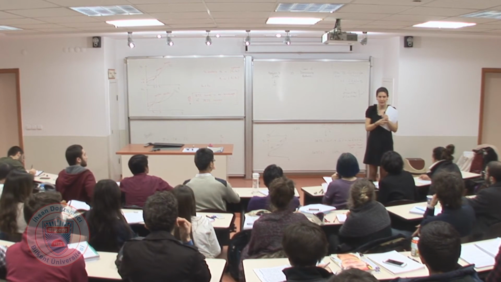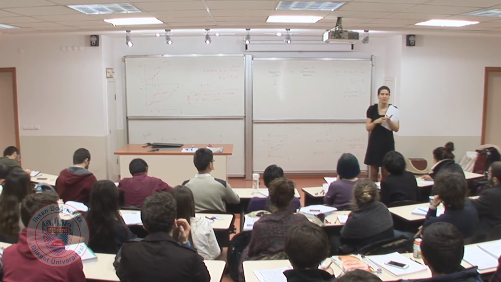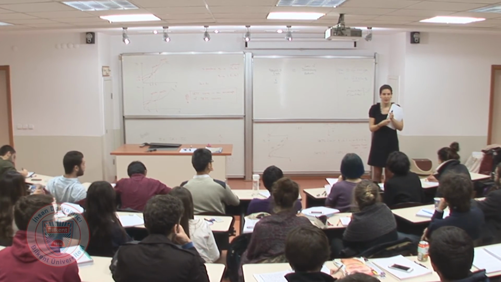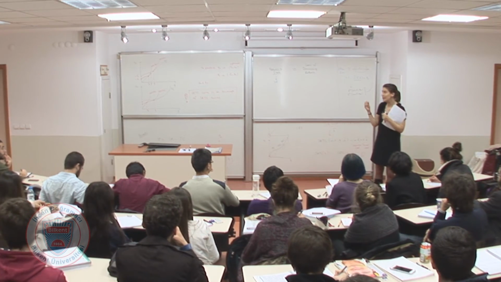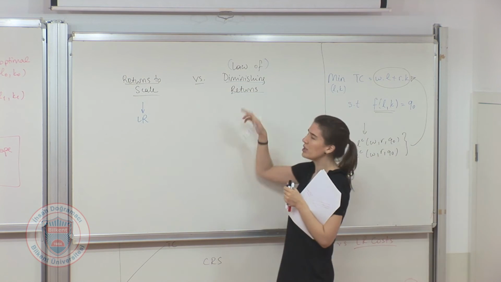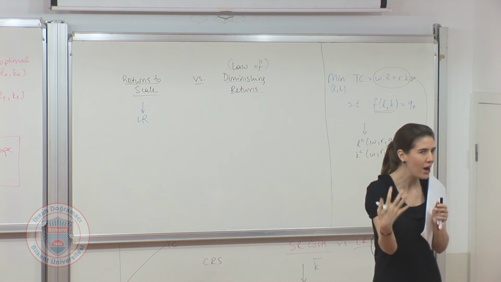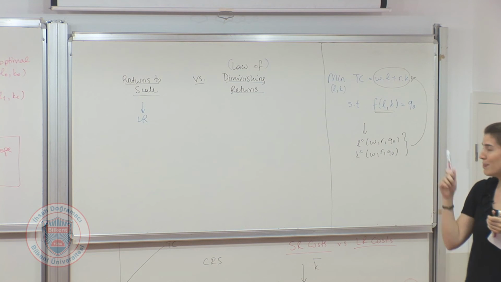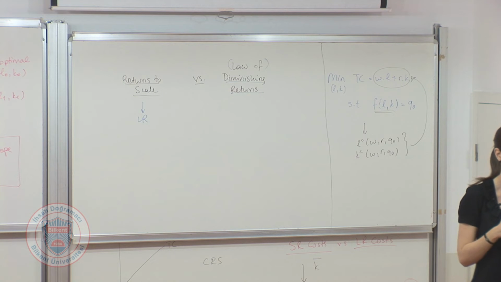At some point, what was going to happen to their productivity, the marginal product of labor? It was going to fall, right? So in order to think of the diminishing returns concept, you have to have a fixed input. So that's why this belongs to the short run, right?